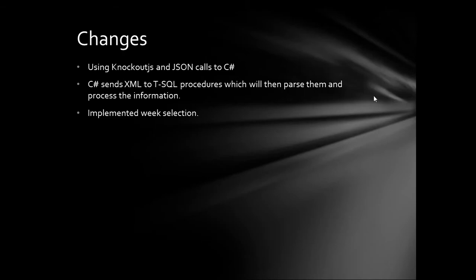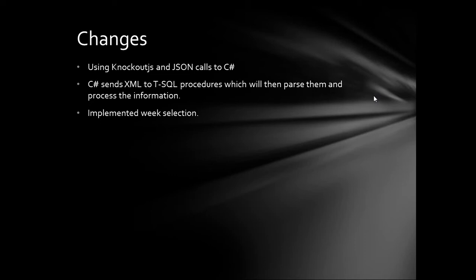I switched to using KnockoutJS and JSON calls to the C# from the front end. If you don't know what KnockoutJS is, it's a JavaScript developers suite that is supposed to make things easier once you understand it. JSON is basically a condensed version of a communication protocol.